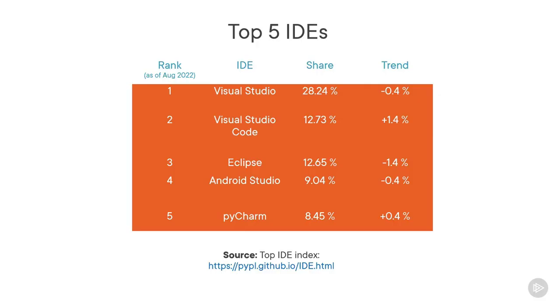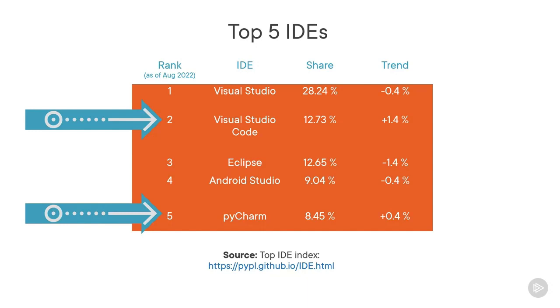Now, what are the top 5 IDEs? I think it's important to look at this data to understand where they stand and where other developers, sysadmins, and DevOps folks are using IDEs out there in the wild. So number 1 is Visual Studio, but number 2 is VS Code, and that's one that we're going to cover in this module here. And then also take note that PyCharm is also in the top 5.